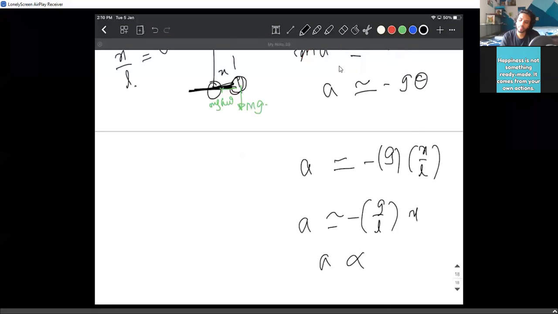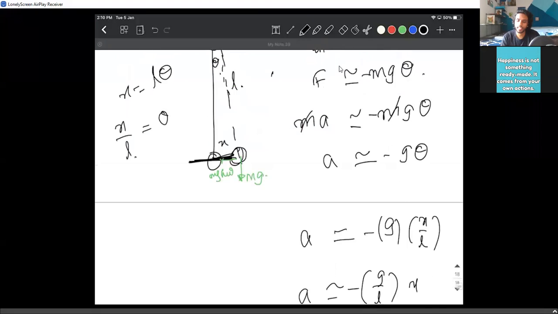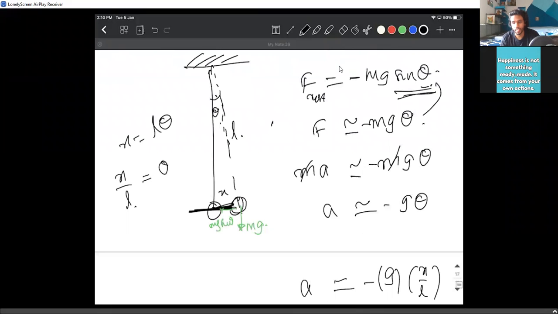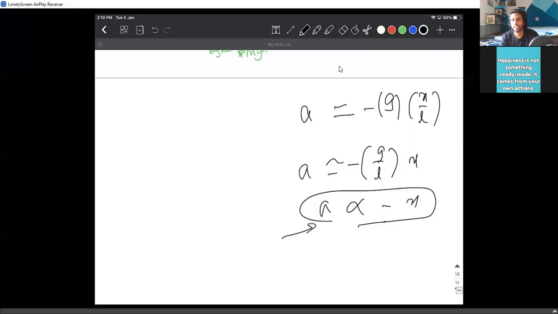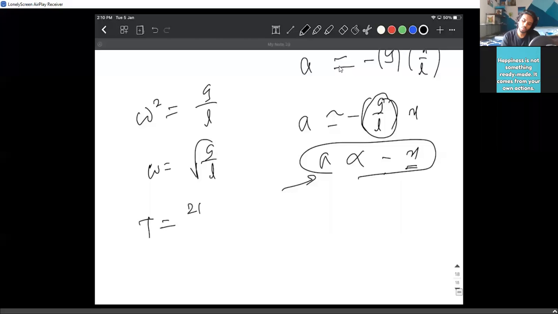Now we're getting a proportional to minus x, making this approximation, considering the angle is very small. And this part right here, omega square, is becoming g by L. So omega equals root g by L. So the time period becomes 2 pi by omega, which equals 2 pi by root over g by L, which will simply become 2 pi root over L by g.